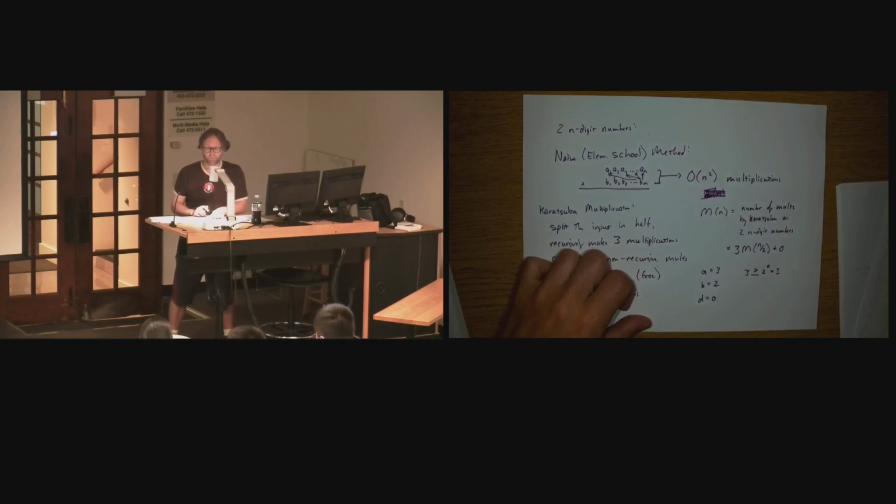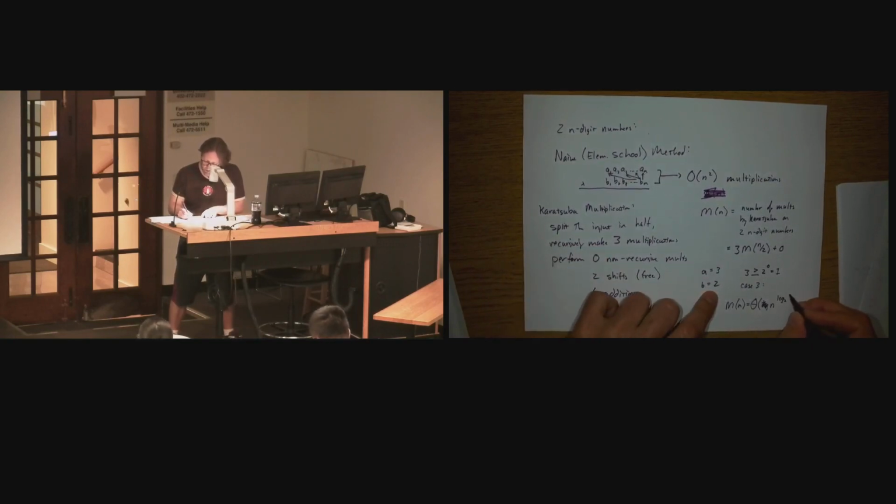Right? This is case 3 again, which tells us that M sub n is theta of n to the log base b, which is 2, of 3. Now, does anybody have their calculators out? Still nobody decided to do that. Although I'll have to look it up then.